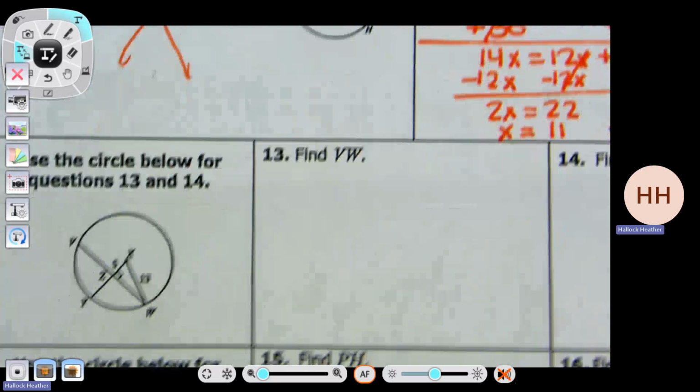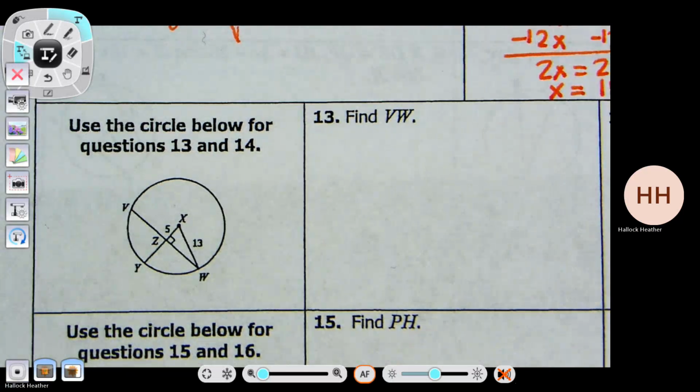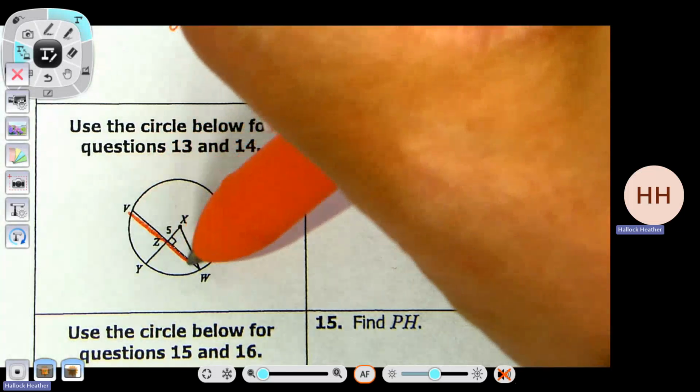Okay, last question. 13. Think about it. No, not equaling to 90. Yes. So you need to find WV, which is this whole thing.